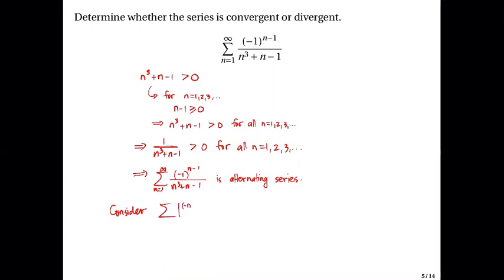Okay, so -1 raised to n minus 1 over n cubed plus n minus 1, from 1 up to plus infinity. But this guy here, you can just write this as 1 over n cubed plus n minus 1, from 1 up to infinity. You get the absolute value of -1, it's just positive 1.